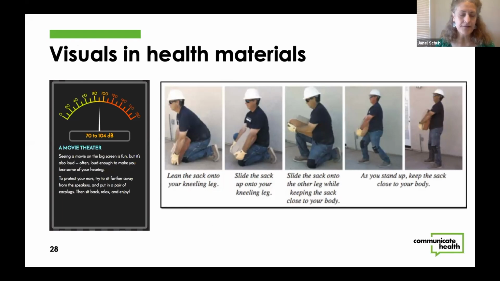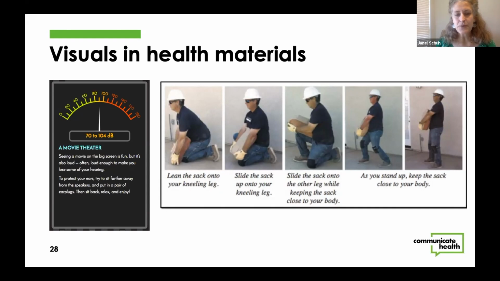That's part of the CDC, the Centers for Disease Control and Prevention. The one on the left is basically to help people understand what sound levels are safe and which ones are more dangerous.